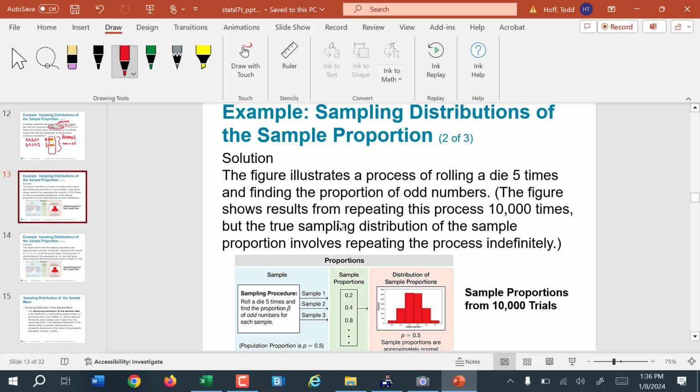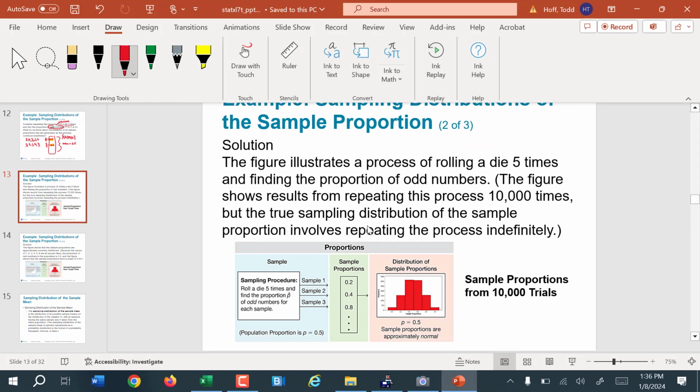Here this is just illustrating that the different possible values could be anywhere from 0.0 up to 1. You can see the center here. The graph gets a little small on screen, but you can see the center of that is at 0.5, the population proportion.